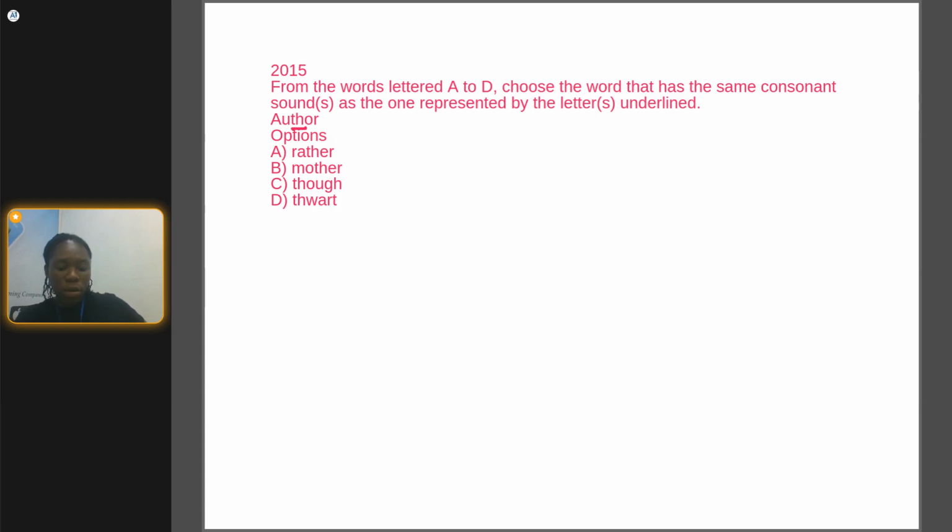Okay, the word is author, not odor. So if that word is author and it's th, that means the sound we are looking for is the th sound in author.